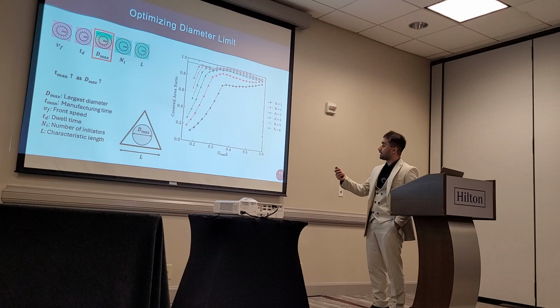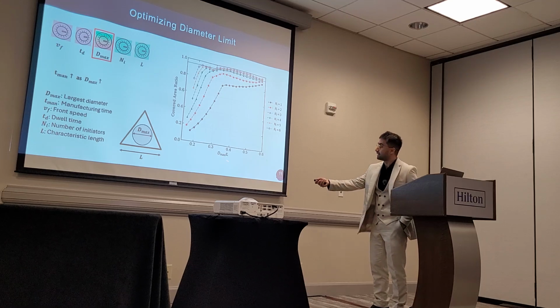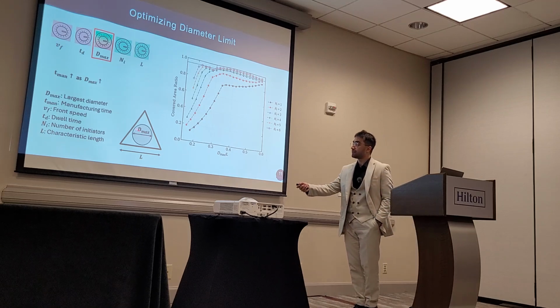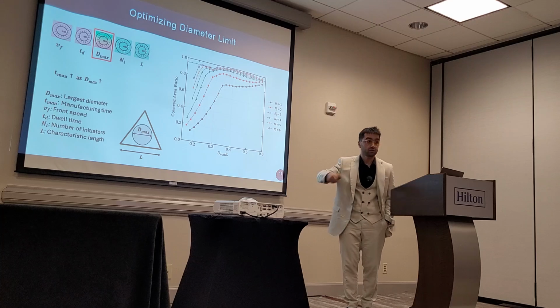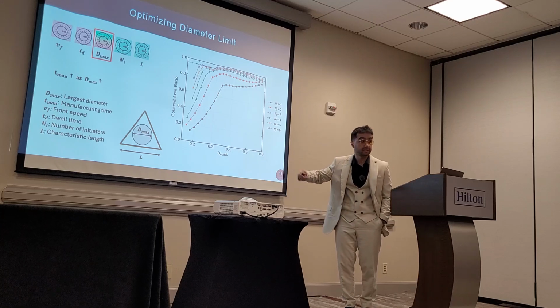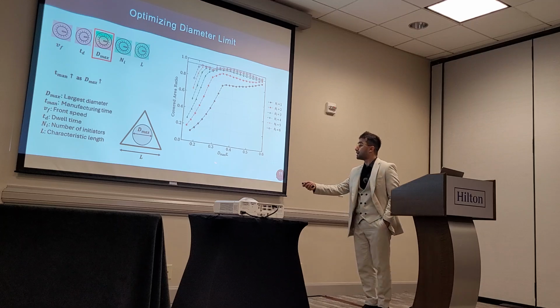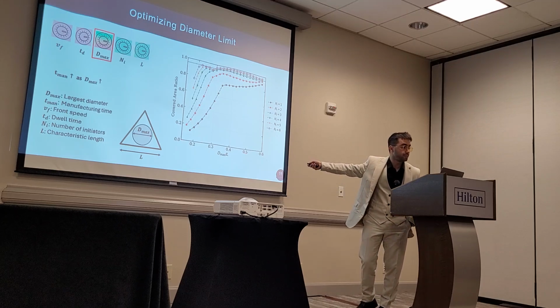And when we plot this figure, we have the covered area ratio on the y-axis and the D maximum over L on the x-axis. You remember D maximum is directly related to the manufacturing time. So T manufacturing increases as we increase this D maximum value, the largest diameter that we have in our circle packing. So in here we can consider this axis as also the time of manufacturing.